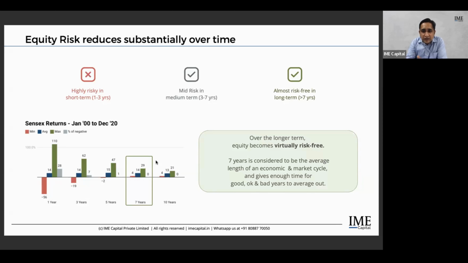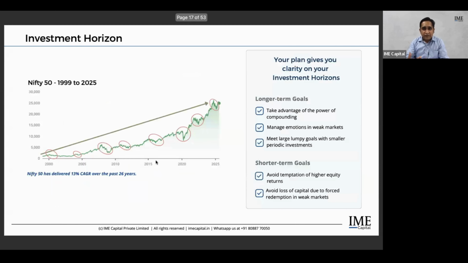Now, 7 years plus is typically, from a market perspective, considered to be the average length of an economic and a market cycle, giving enough time for good, okay, and bad years to average themselves out. And this is what we're trying to help with in financial planning, linking the financial plan to the choice of asset classes.